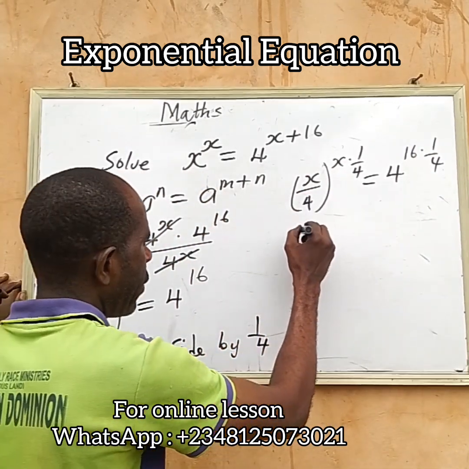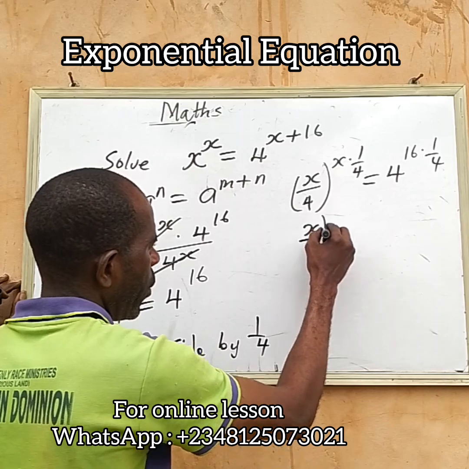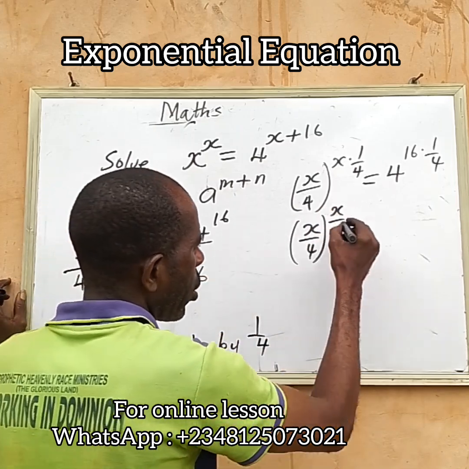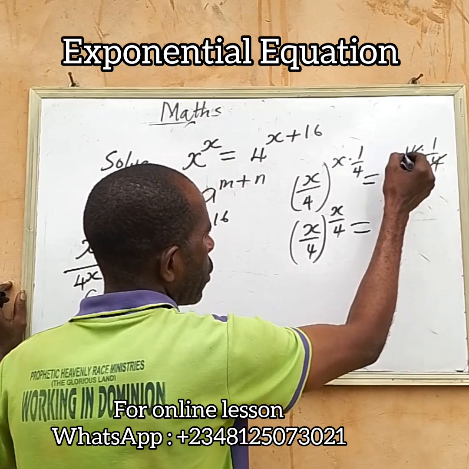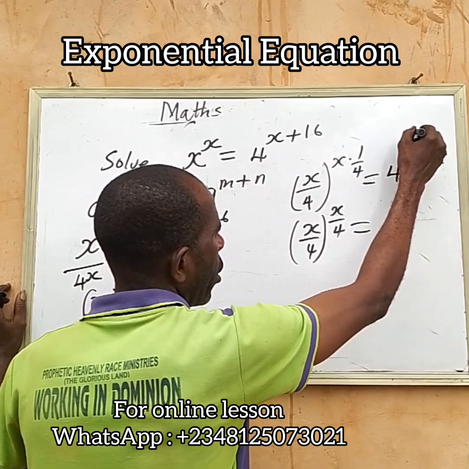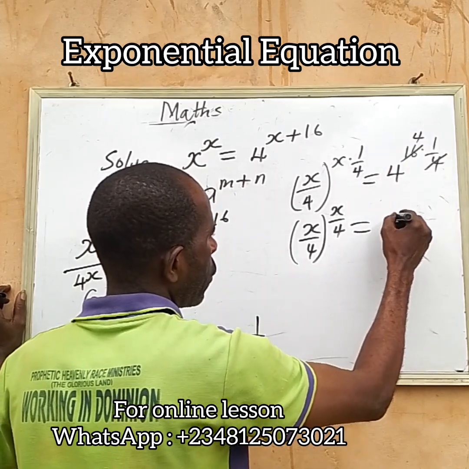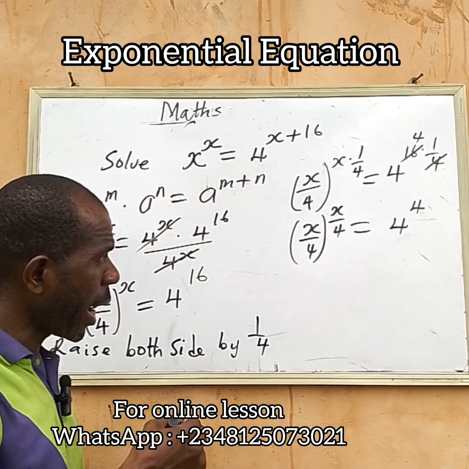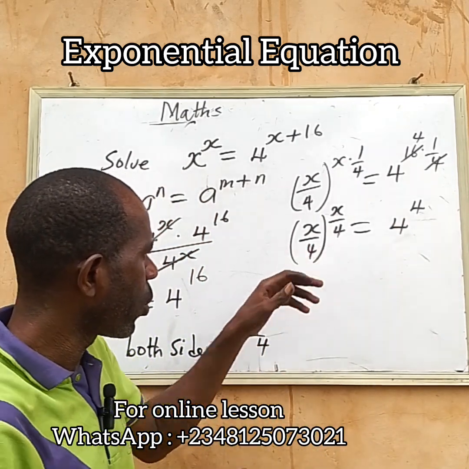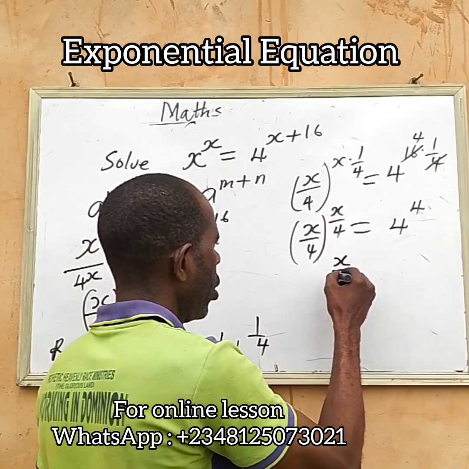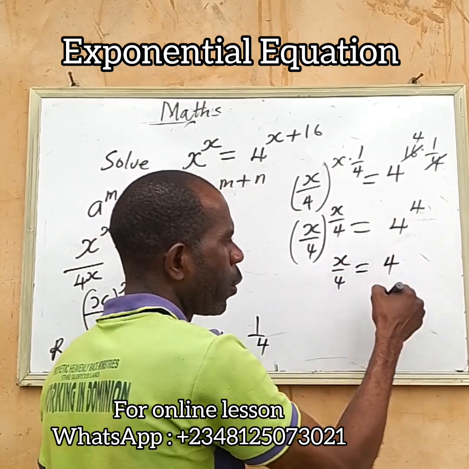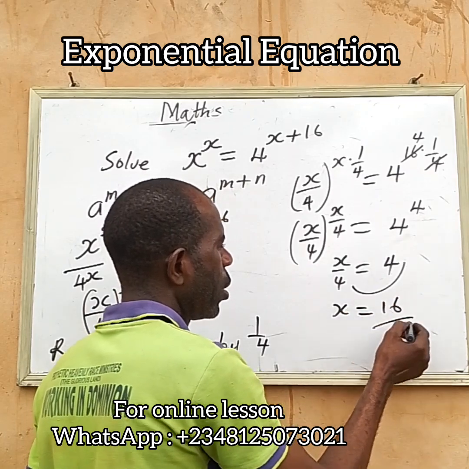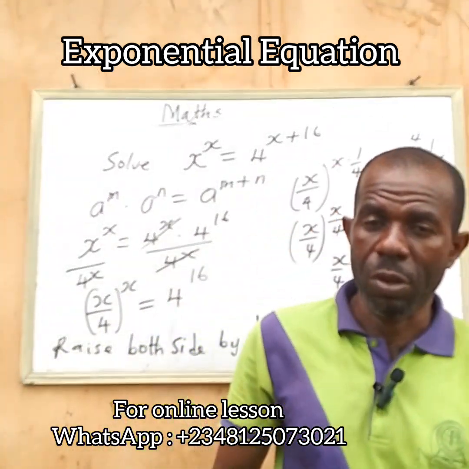So here we have x over 4 raised to x over 4, equal to, this 4 will cancel out this 4 to give us 4, then it becomes 4 raised to power 4. By comparison of isomorphism, x over 4 equals 4. Cross multiplying, x equals 16. So that is the answer to this question.